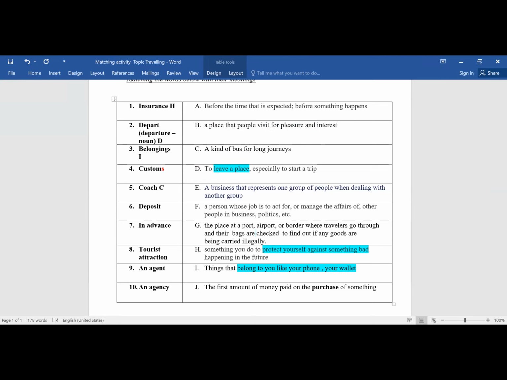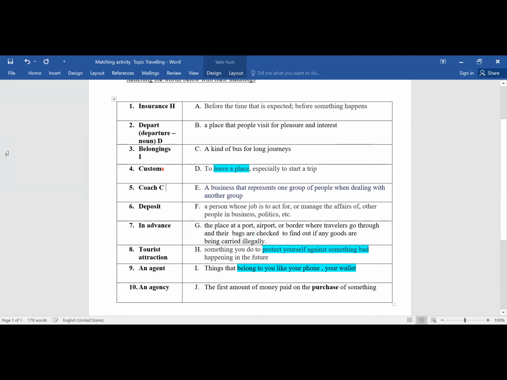What is the difference between a bus and a coach? I remember a bus goes around one city, and the coach goes from city to another city. Correct. Exactly.